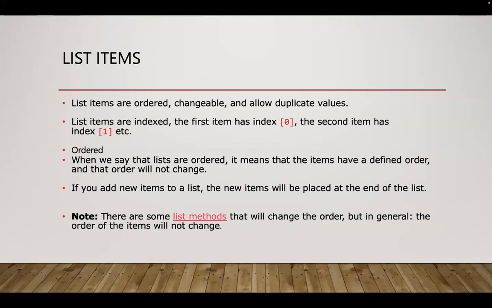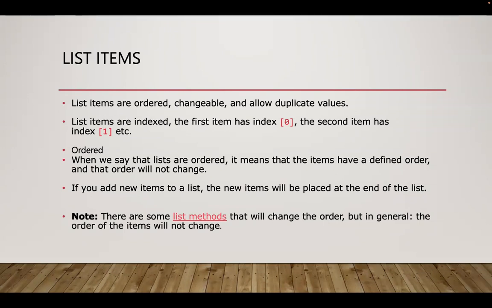This indexing is just for you to be able to retrieve anyone you want to retrieve, if you want to retrieve a value. So you can retrieve it using just little codes, and you will get what you want from it. So this is why we said list items are indexed.